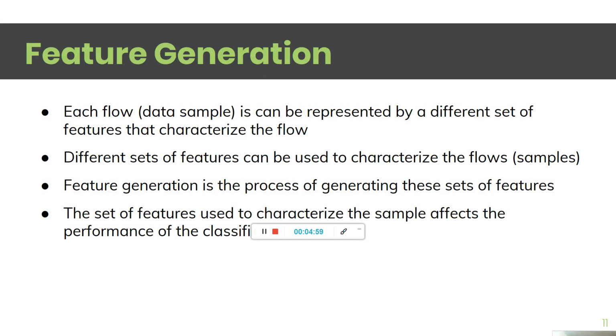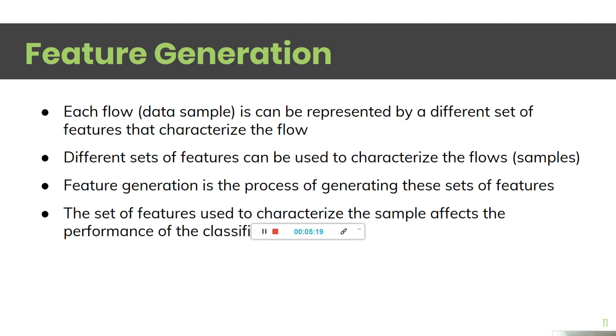Having a flow and a label does not complete our tasks for preparing our dataset for machine learning models. We need to generate features, and feature generation is the method of representing the data sample, or in our case flow, in terms of a set of features.